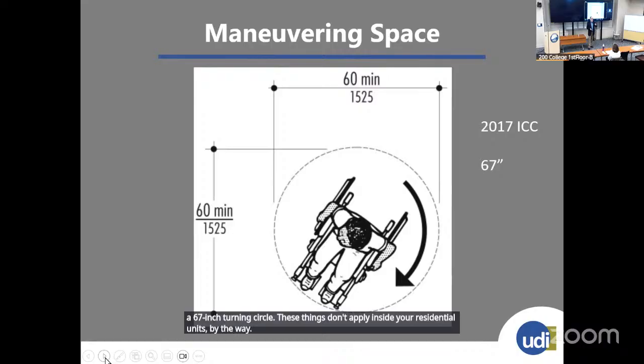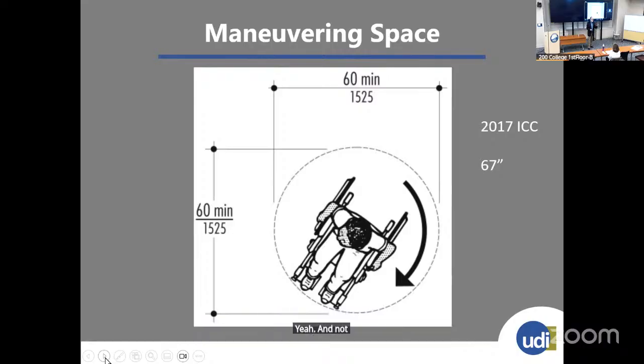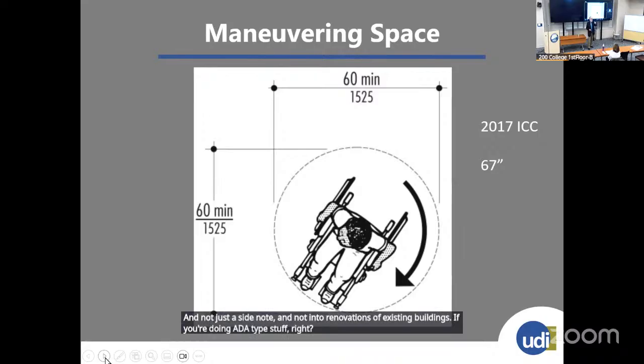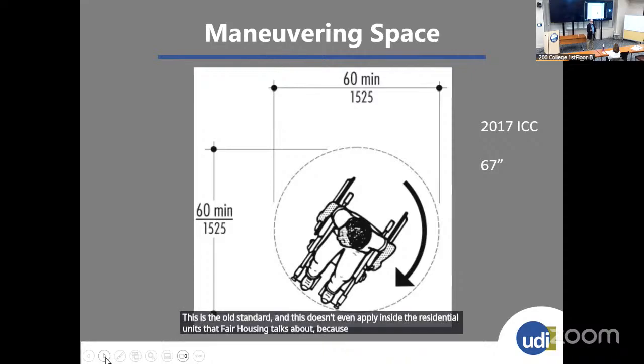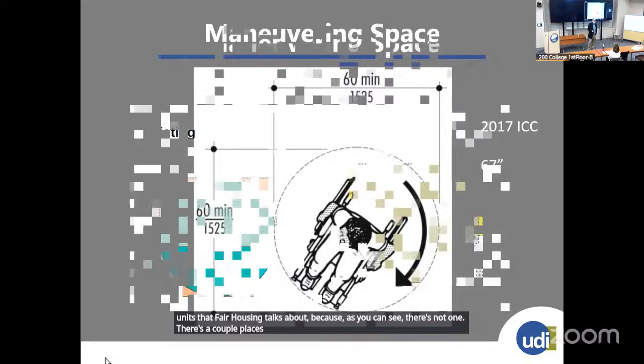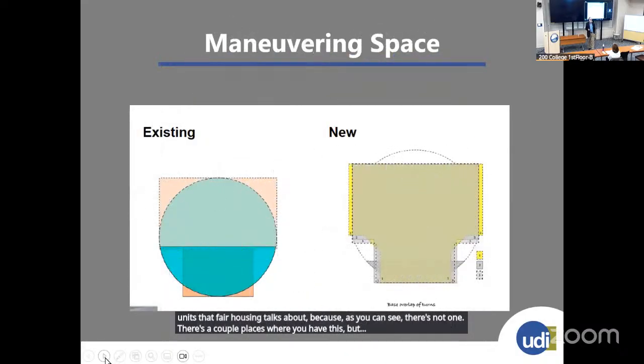They have very particular requirements, and just as a side note, this doesn't apply to renovations of existing buildings, if you're doing ADA type stuff, right? This is the old standard, and this doesn't even apply inside the residential units that fair housing talks about. So the left-hand image is the old standard, the right-hand image is the new standard.